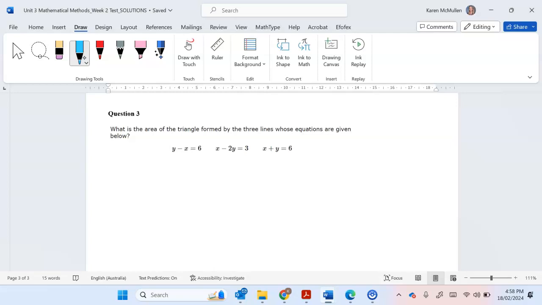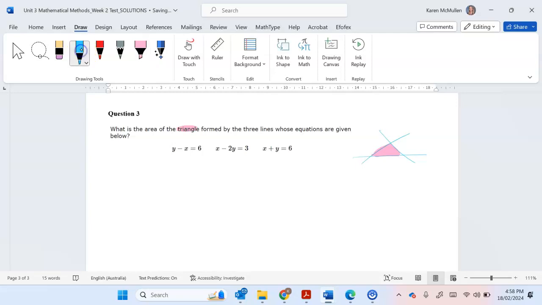So basically, we've got a triangle. So if we read the question, find the area of the triangle. We've got to find the area of that triangle. So if you've got 3 lines, they're not obviously the lines, but there's our triangle in the middle.